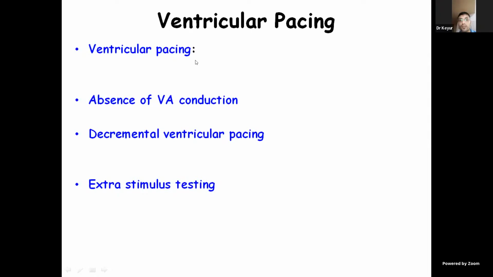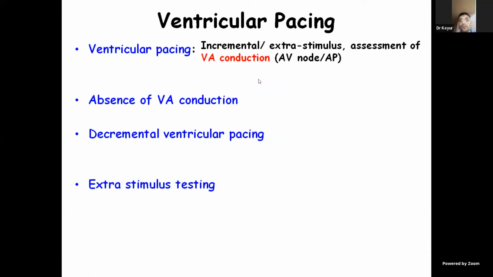Normally, whenever we start an EP study, at least in our place and most places, they will do an initial ventricle pacing. When you do ventricle pacing, what are the things you should look for? You do incremental pacing, you give extra stimulus, and you assess the VA conduction: whether it is central, whether it is extranodal, whether it is absent.